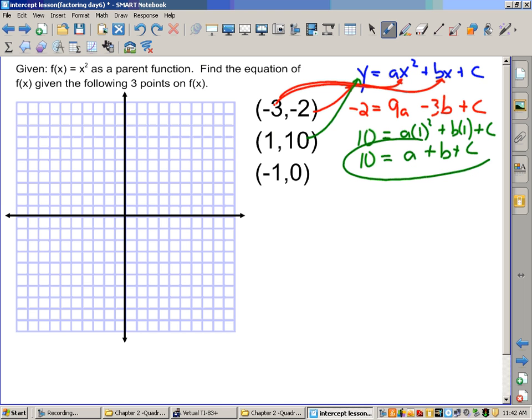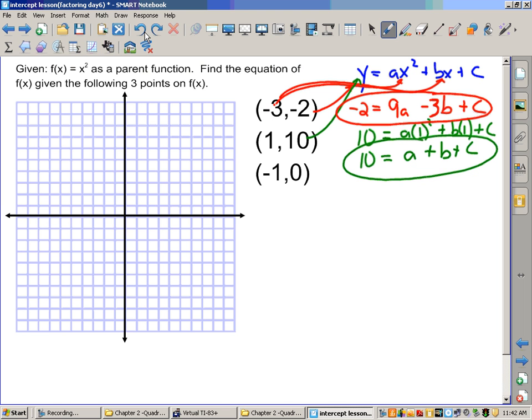So there's my first equation. There's my second equation. I can make one more, because if I have 3 variables, I'm going to need 3 equations.